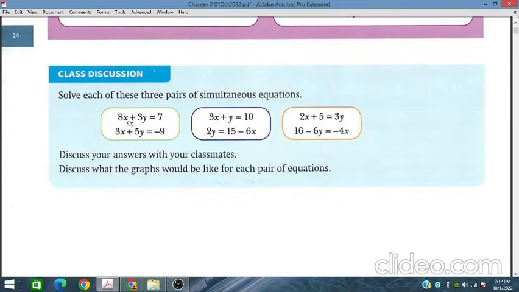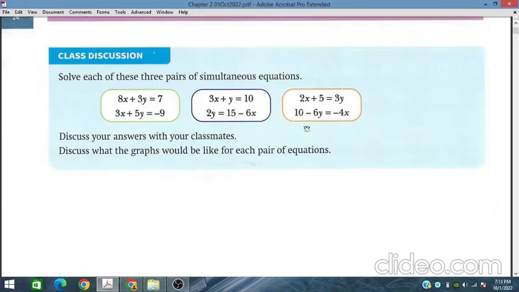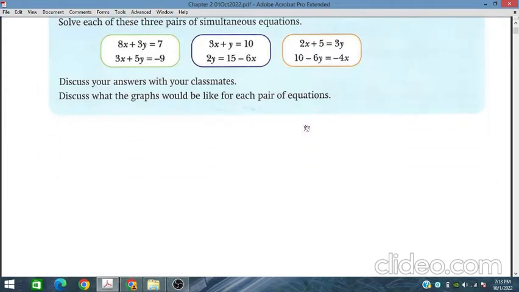The second and third questions will not provide any unique solution, because the slopes are the same in the second case, and for the third one we have the same slope, so we will not get any unique solution.